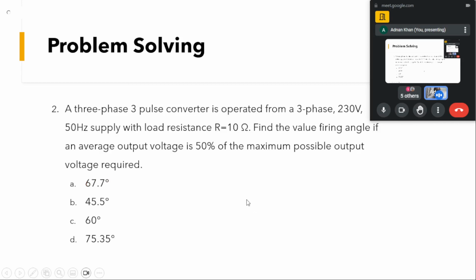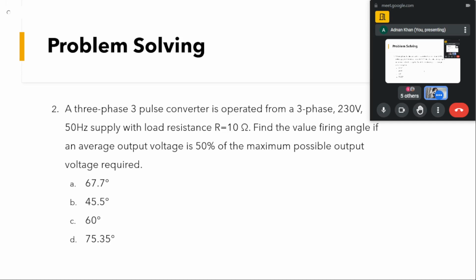Coming to the second question, what is given here is a three-phase 3-pulse converter operated from a three-phase 230-volt 50 hertz supply. As you can see here, previously I had told you that it is a 6-pulse converter, that was a full bridge. Now here what is given is a 3-pulse converter, and you can infer it from it.